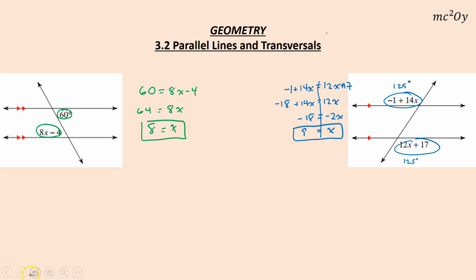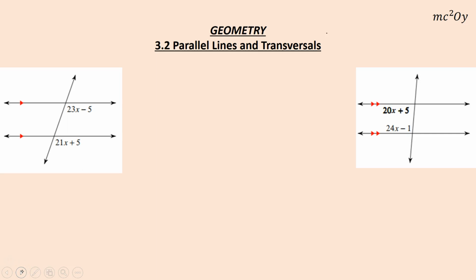All right. Next, let's identify what we have. We have corresponding angles, and we know corresponding angles are congruent. So 21x plus 5 equals 23x minus 5. We'll move our 5's to the same side by subtracting 5. I get 23x minus 10 equals 21x.